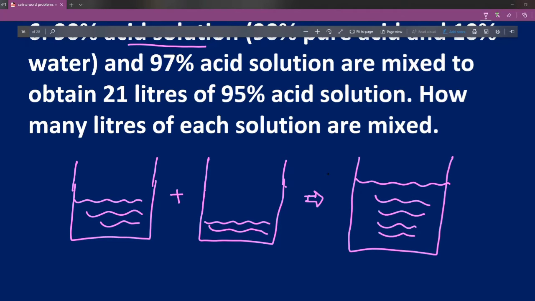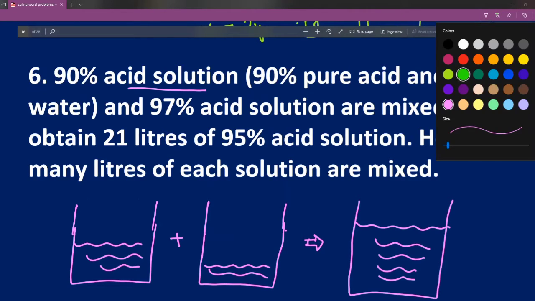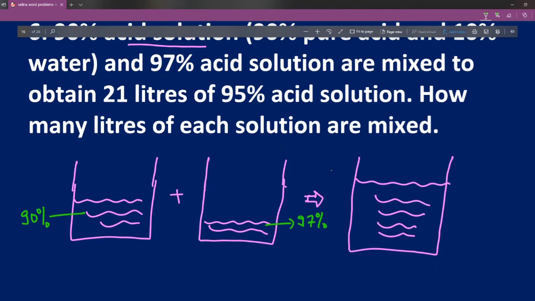And let us try to see what this question is saying. Again, 90% acid solution, so this is a 90% acid solution and 97% acid solution, so this is 97% acid solution. These two are mixed to obtain 21 liters. So this volume is 21 liters.